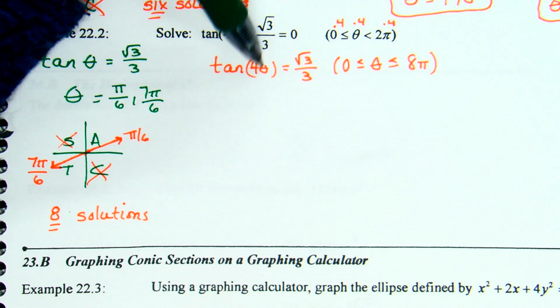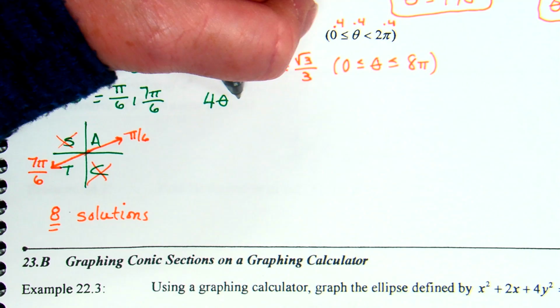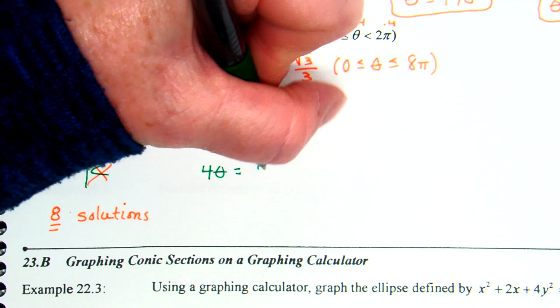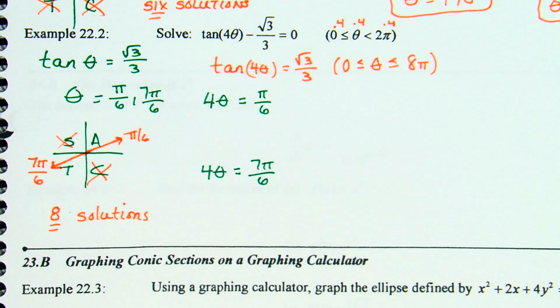So I'm going to say 4 theta equals pi over 6, and I'm going to say 4 theta equals 7 pi over 6. Okay, this is the tedious part, knowing how to do this. How do we solve for theta? Yeah. The gut says divide by 4, doesn't it? Then you realize, but I'm dividing a fraction by 4. So really what your brain needs to say is multiply by 1/4.